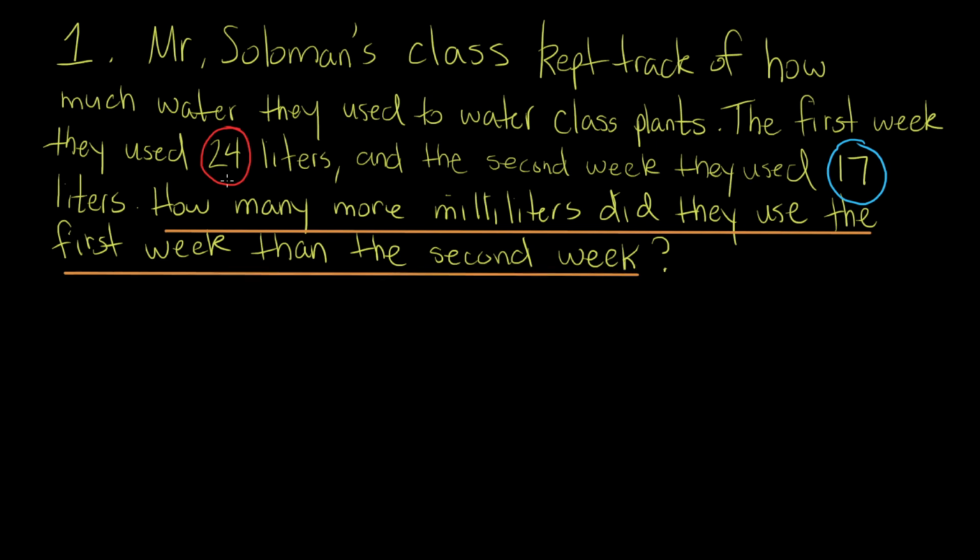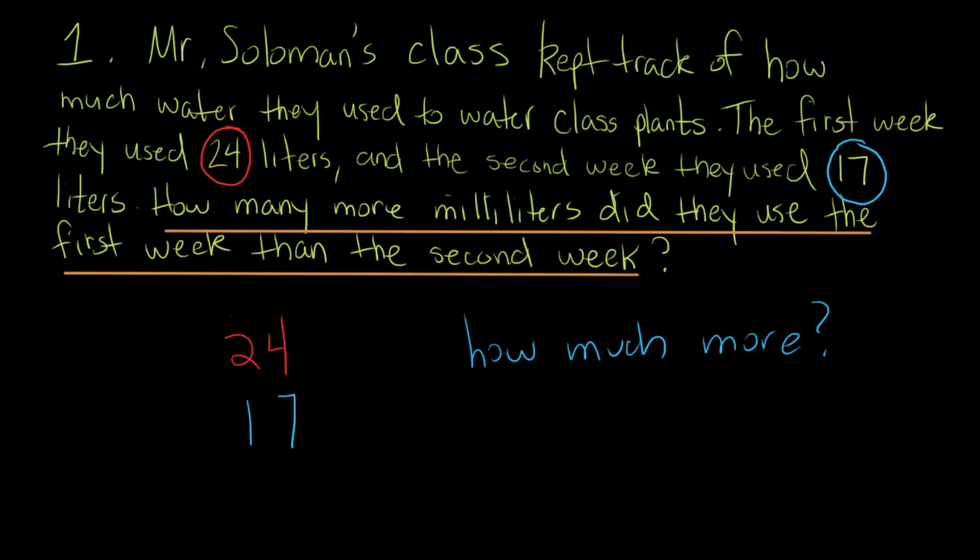When we want to find the difference between something, I used 24 the first week, and I used 17 the second week. And I want to know how much more did I use in the first week?